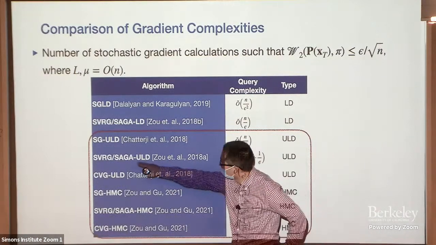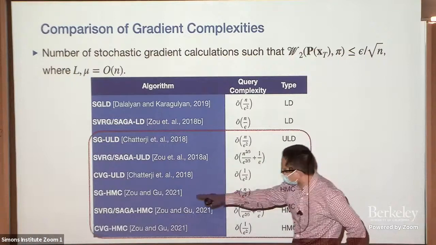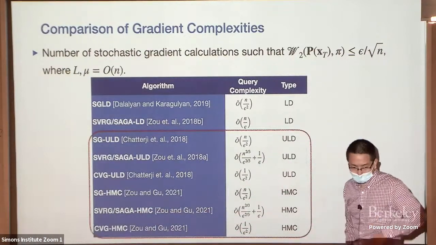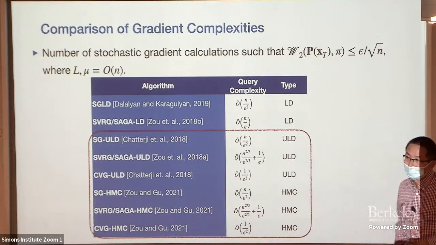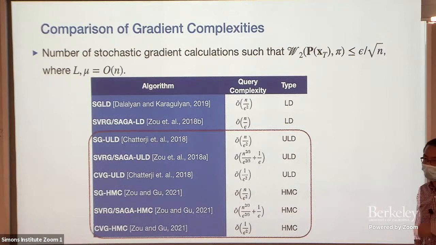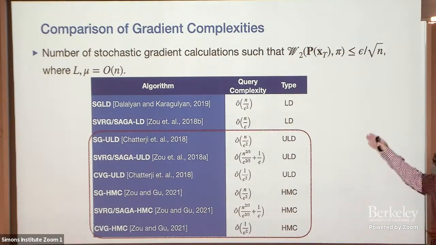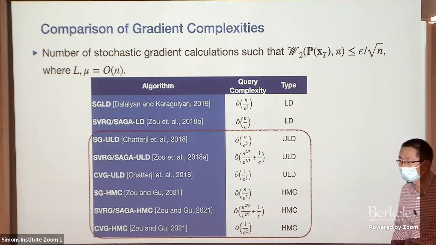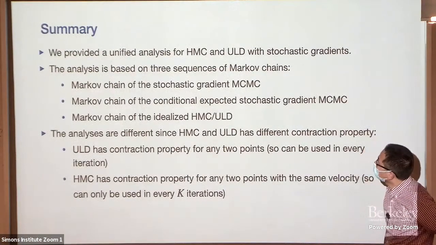And also for SVRG or SAGA underdamped Langevin and SVRG or SAGA HMC, they have the same query complexity. Of course, in terms of the dependence on the condition number, there may be some minor difference because we didn't try to sharpen the dependence on the condition number. In our complexity result, we treat kappa as a constant, big O(1).